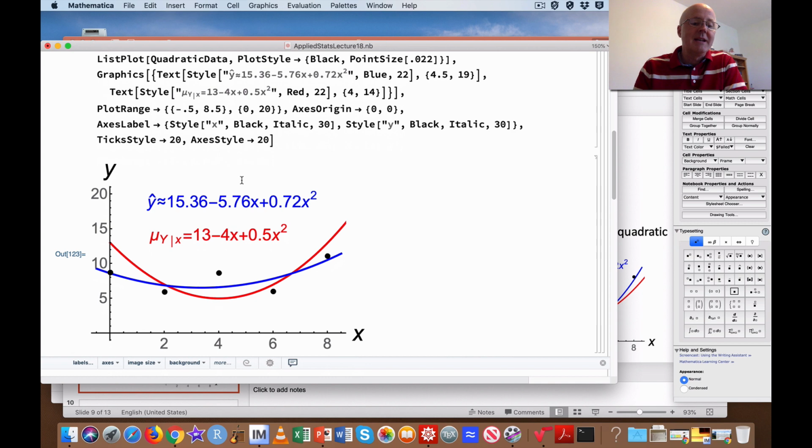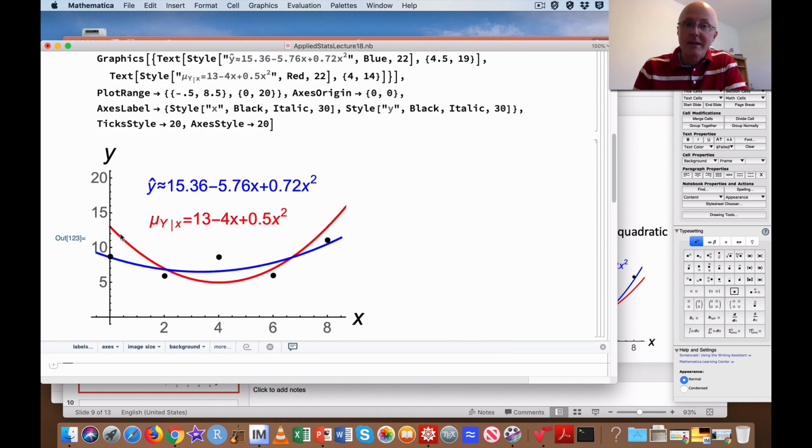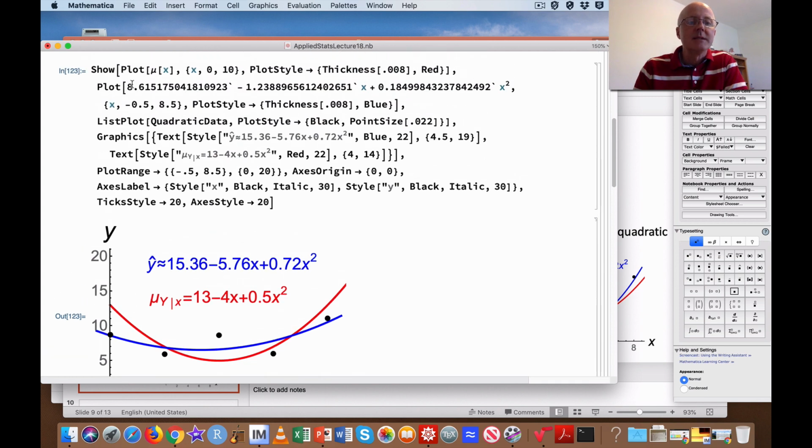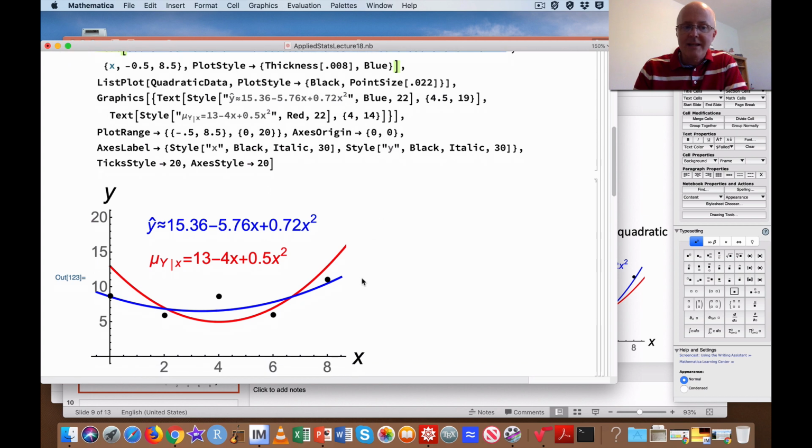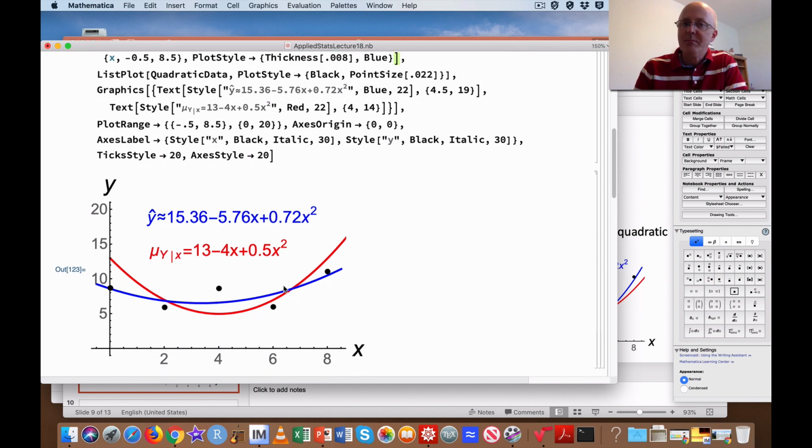And what I have then is a picture of the population quadratic in red and the sample quadratic in blue. And again, this equation for the sample would be incorrect now. It's really going to involve this instead. The blue quadratic is really following the sample data better. That is the quadratic curve of best fit for that sample.